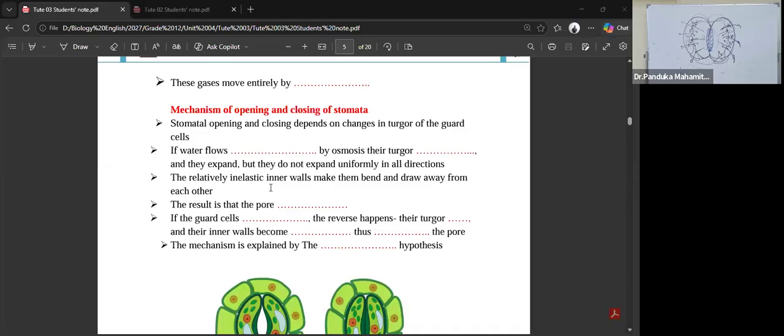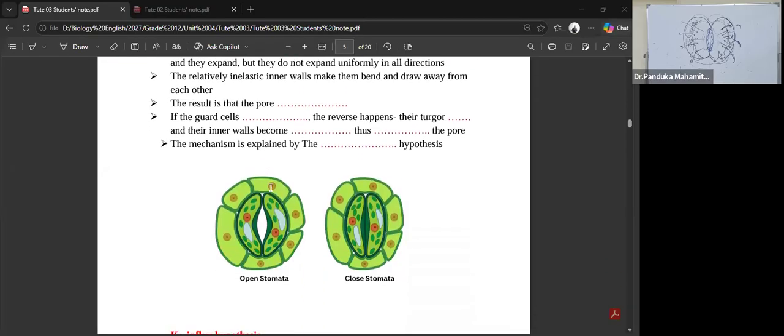The relatively inelastic inner walls make them bend and draw away from each other. The result is that the pore opens.